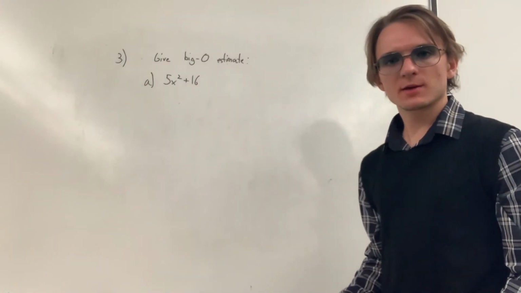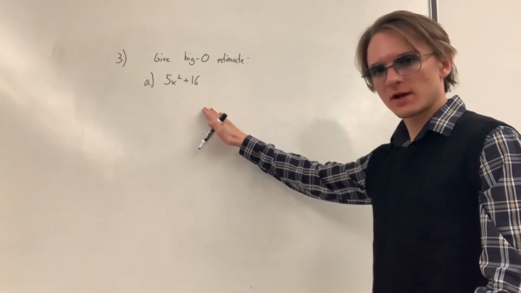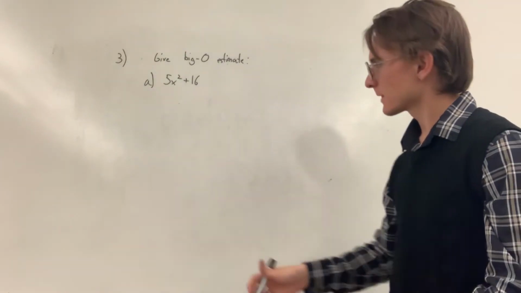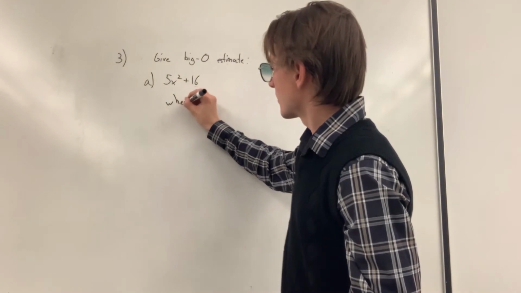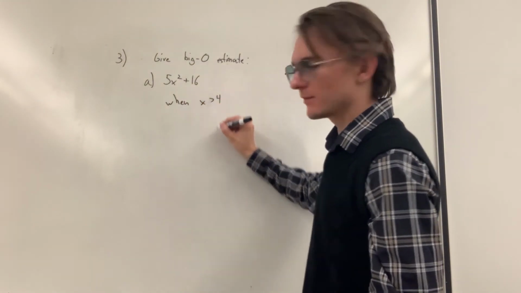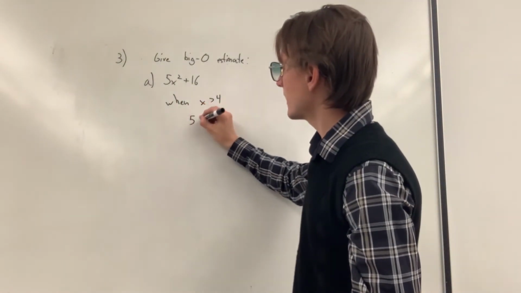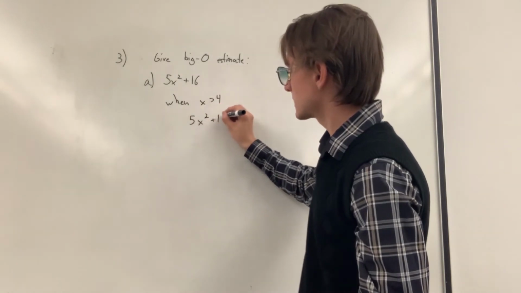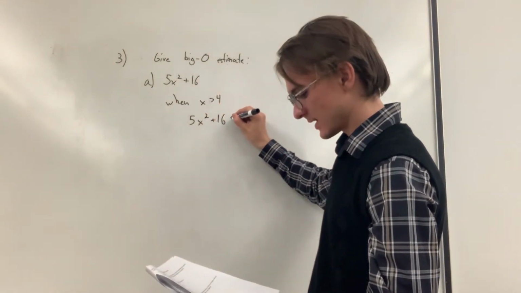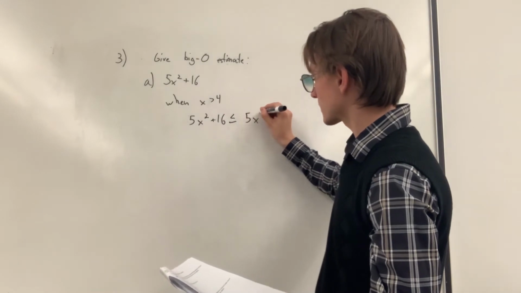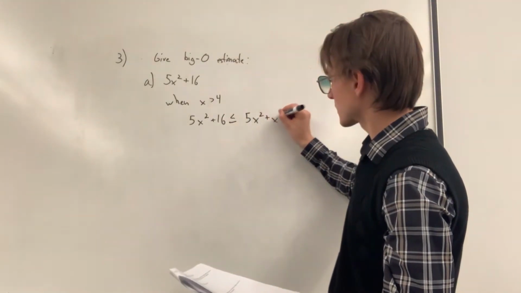Let's give a big O estimate. We have the following: 5x squared plus 16. Now, when x is greater than 4, we have that 5x squared plus 16 is less than or equal to 5x squared plus x squared.